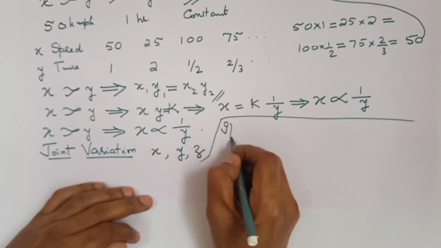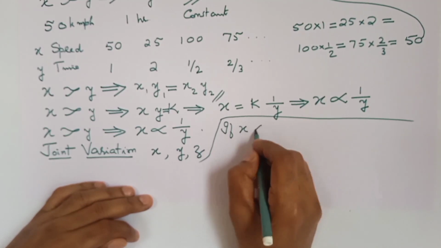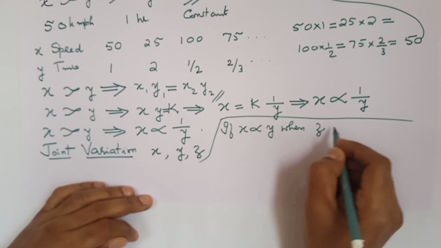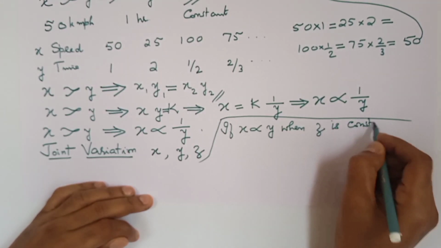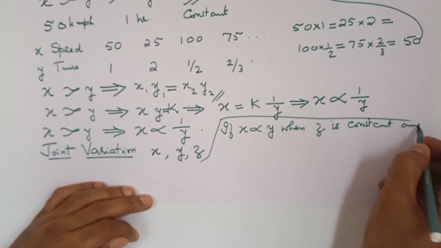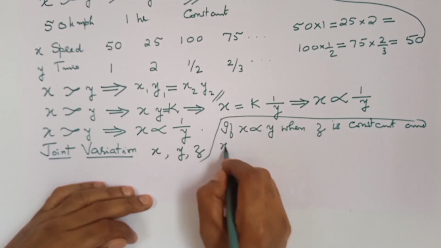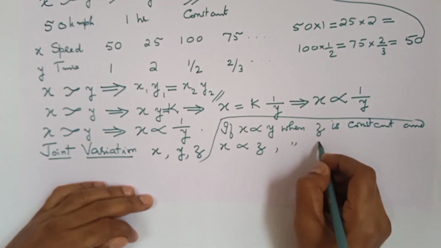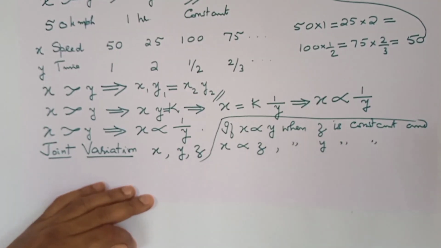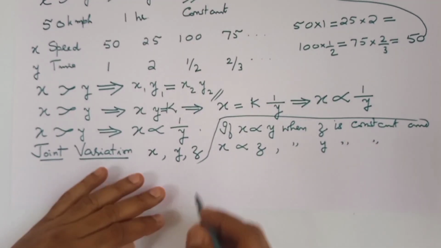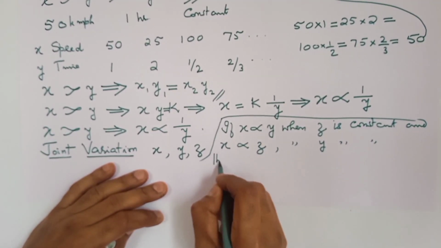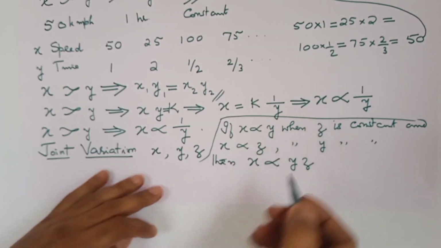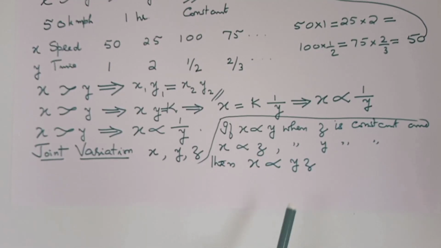This is the definition. If x is directly proportional to y when z is constant, and again x is directly proportional to z when y is constant, then x is directly proportional to the product of these two variables.